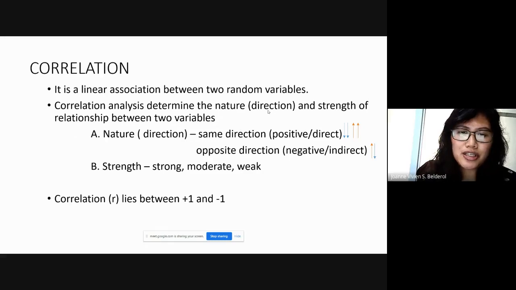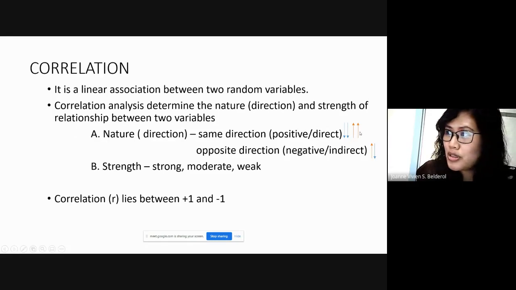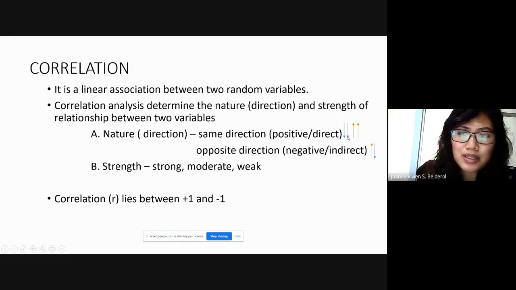When we say nature or direction, we'd like to know if the direction is the same. When it's the same, meaning it's positive and direct. Look at the arrows. If your X, or independent variable, decreases, the dependent variable also decreases. So when X decreases, Y also decreases.